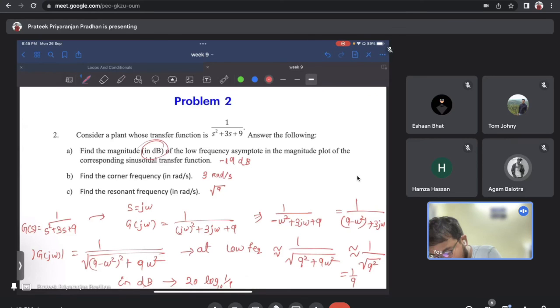So this question is clear now. Does anybody have any doubt in this question? I guess no. Okay. Agam, you had said one definition, that the resonance frequency, that was correct. Now I wanted to discuss these two questions.